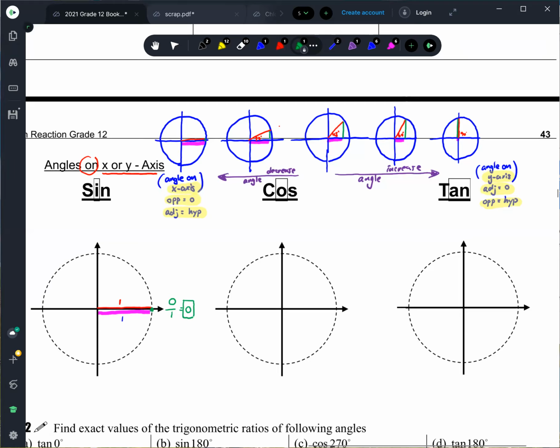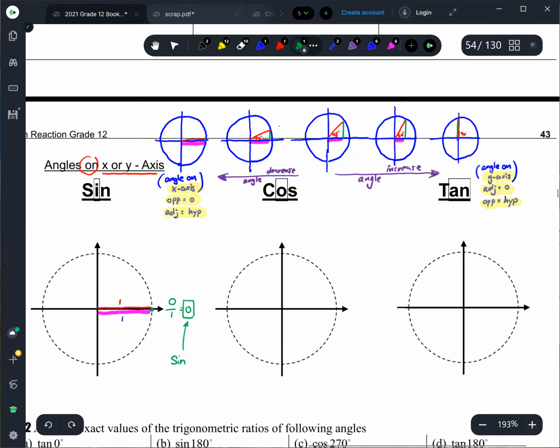Okay, so what this 0 means is if the sine has an angle of 0 degrees, the answer will be 0. But it's not limited to sine of 0 degrees. Whenever the angle stops there, it'll be 0.